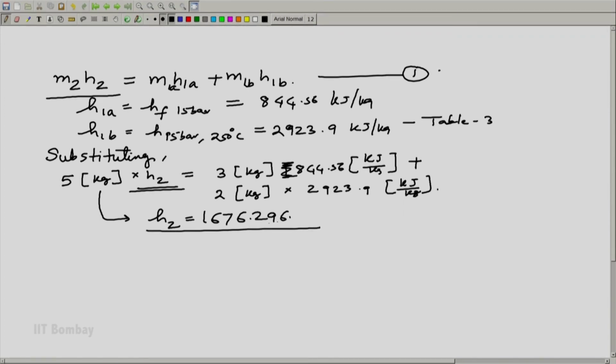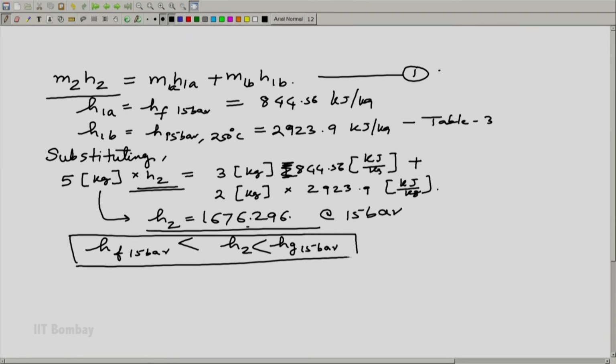If I compare this H2 at 15 bar with HF at 15 bar and HG at 15 bar, I feel that this is what we can see from steam table. HF is less than H2 less than HG at 15 bar. This is what we can understand from the steam table. If this is true, then I know that this is a wet region.